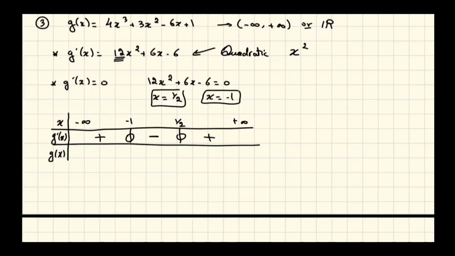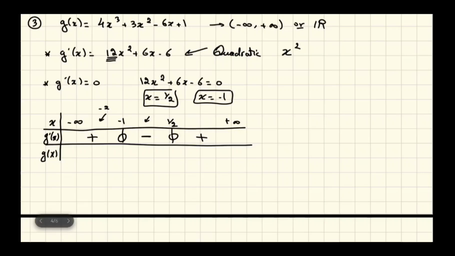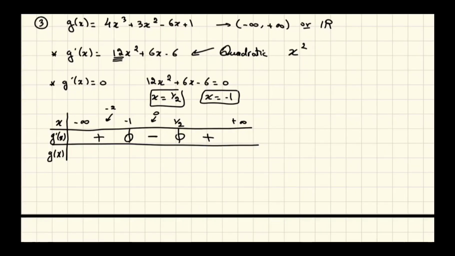If you don't like that, you can pick a number before -1, for example -2, replace it in g prime, and you will get a positive answer. Between -1 and half, you can choose 0 if you want. After half, you can choose 1, 2, 3, whatever you want, and you will get positive. So basically the function is going up, down, up.